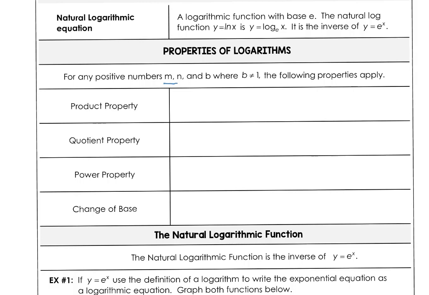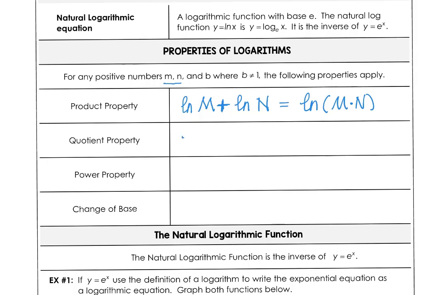I'm going to use capital M and N. So the product property says if you have the natural log of one number, we'll say M, and we're adding the natural log of another number, and we'll say N, when you have the sum of two logs, you can rewrite that as the product of M times N, and that's the natural log of the product is the sum of the two logs.